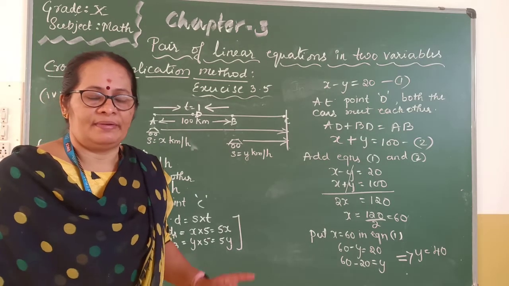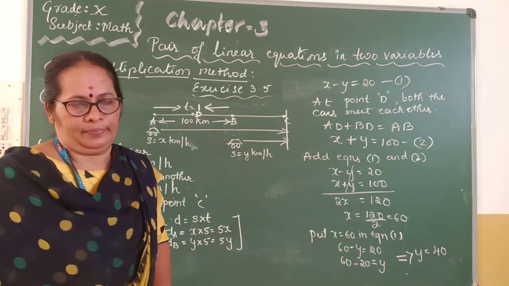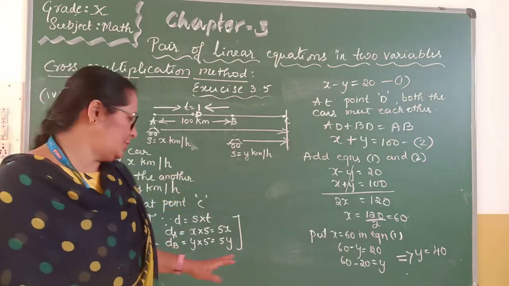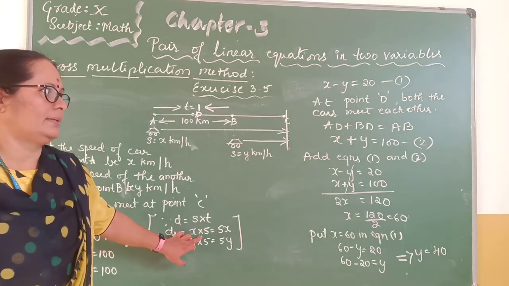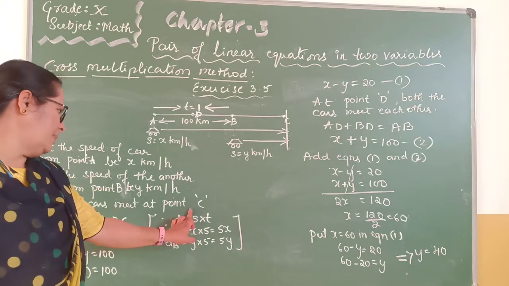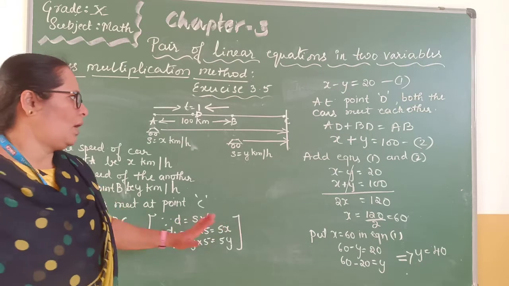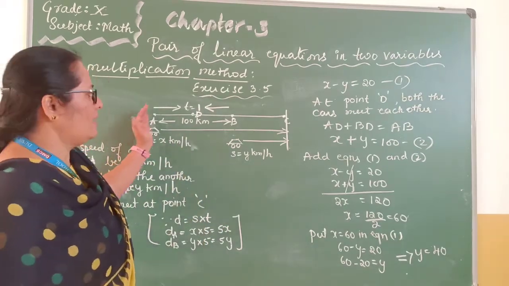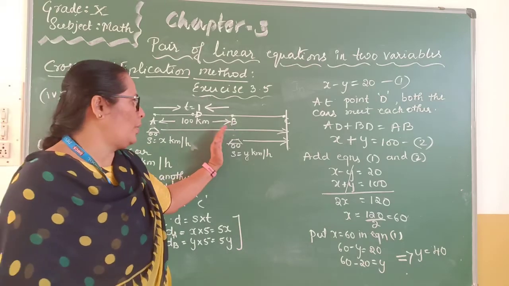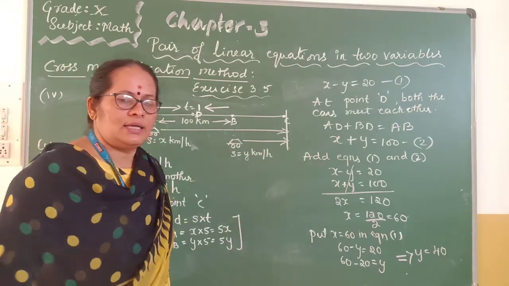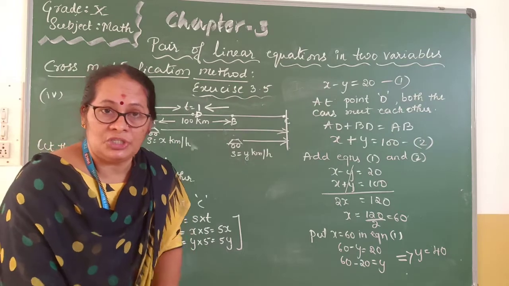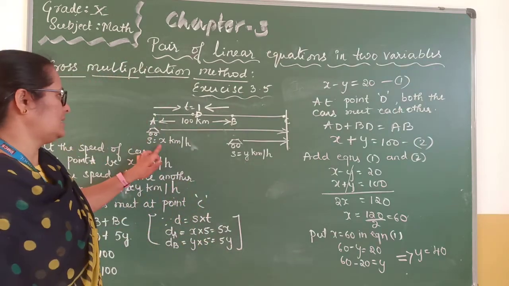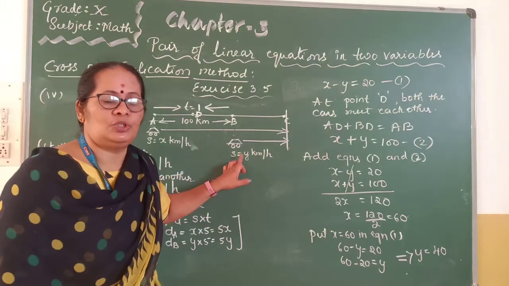So this is one of the very important sums. Here we are using the formula distance equals speed into time. Now, when both the cars, one started from point A and the other from point B, are moving in the same direction, the speed of car A is x and the other is y.